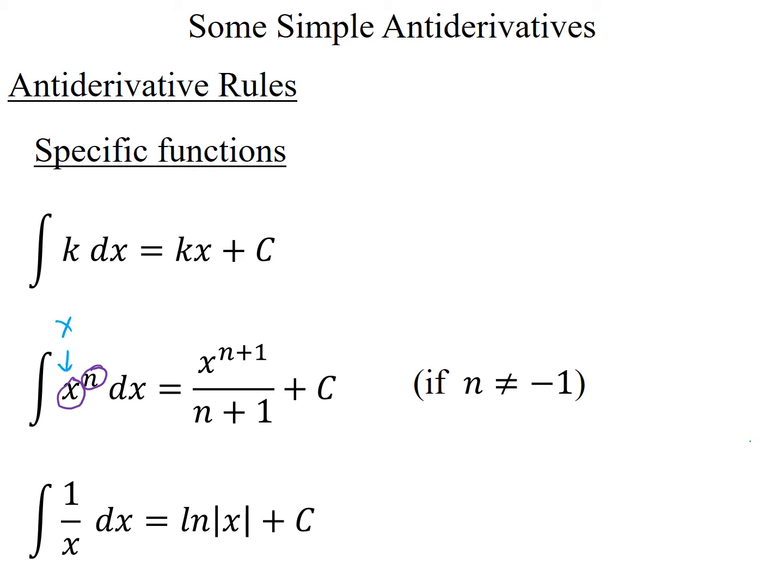The base has to be x. The power has to be a number. If the power is not a number, or the base is not just x, do not use this rule. Okay, so x to a power. And this will work for any power except for when the power is -1, and we'll talk about that in a second. But if the power is anything else besides -1, here's what you're going to do.